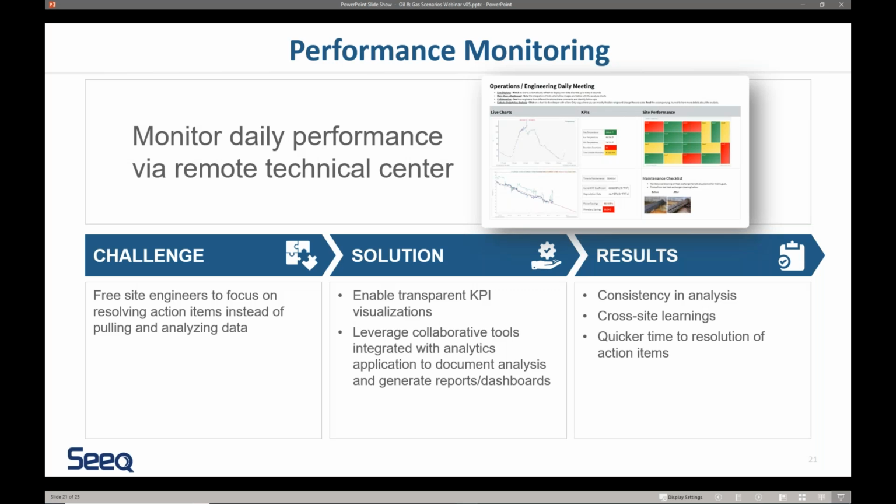In order to be successful at implementing something like this, you have to think about a solution that allows you to create these transparent reports, to be able to have our KPIs and our visualizations, a solution that allows collaboration and integration with the analytics. As a result, when you bring these things together, you get a consistency in analysis across your various sites, cross-site learnings, and quicker time to resolution of your action items.